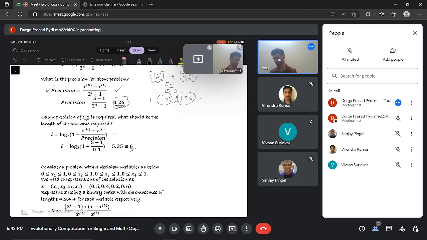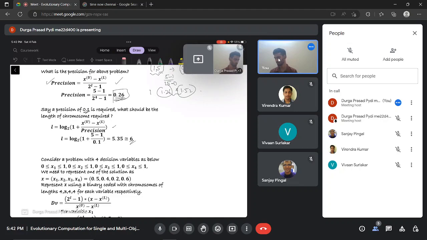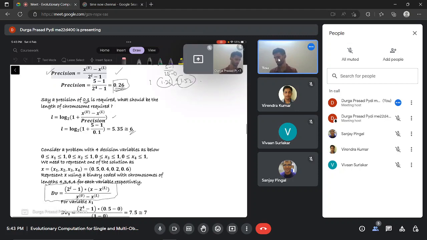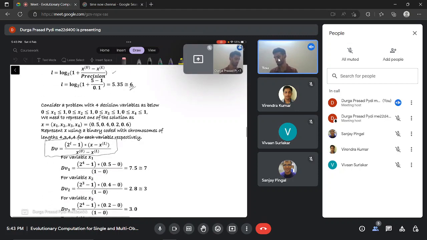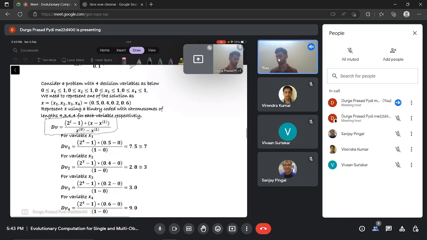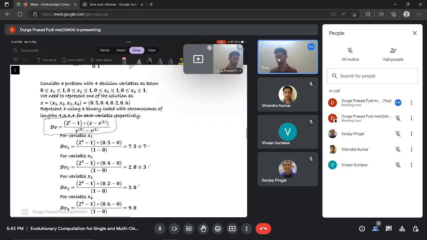Just to give, this is the formula for decoded values, if you just want to try it yourself. Just solve for each of these variables and come up with these decoded values. Once you get the decoded values, you convert them into decimal numbers.